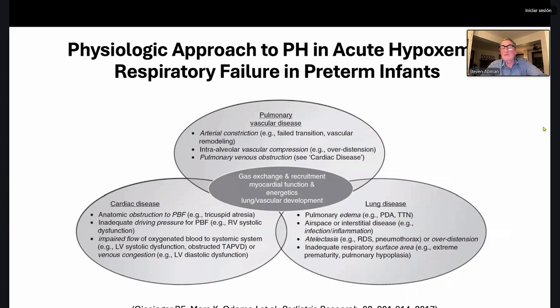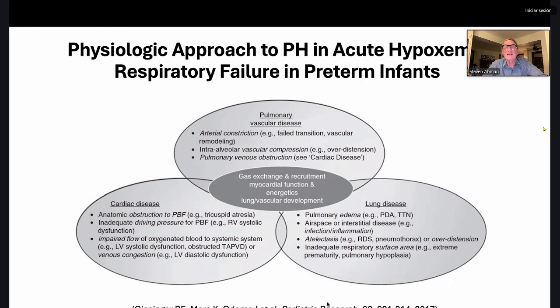But I think one take-home lesson that is really vital: we learned as much about PPHN physiology and respiratory failure from those babies who failed to respond to nitric oxide as from those who did. In other words, when we didn't see responsiveness, we'd have to backtrack and ask why.